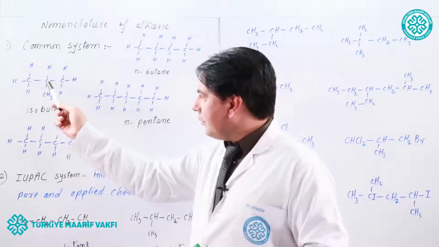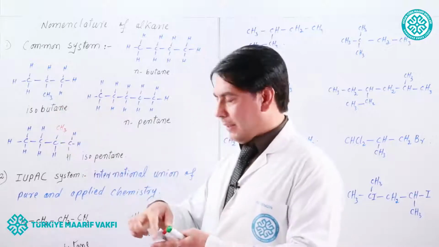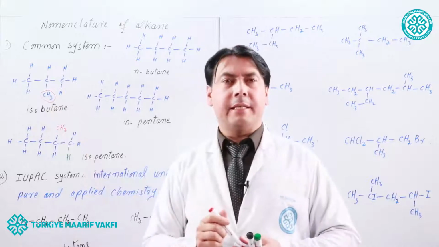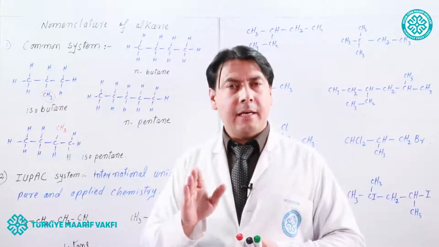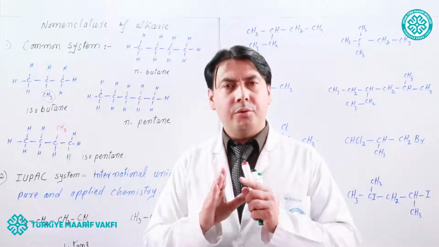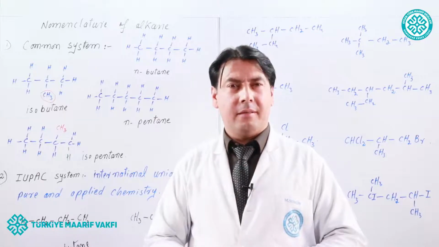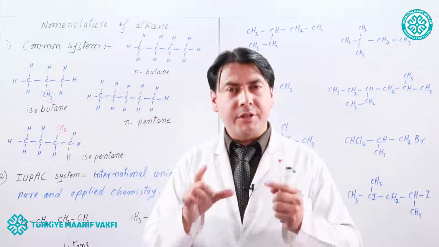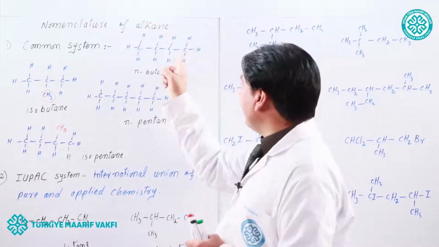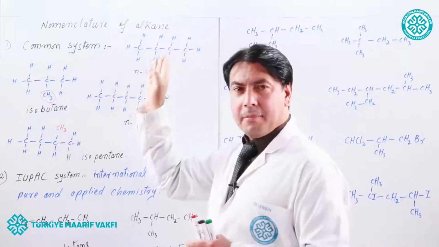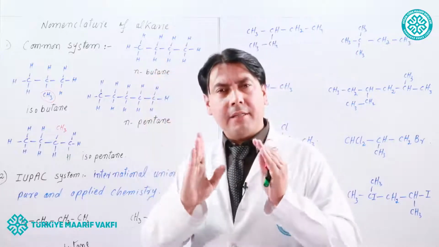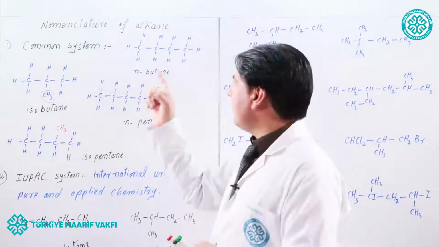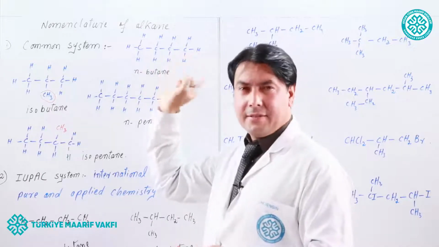Similarly, 1, 2, 3, 4. How many carbons are there? 4 carbons. But look here, if a carbon is attached to more than 2 other carbons, then this compound is called a branched chain compound. If there is no carbon which is attached to more than 2 other carbon atoms, then such a compound is called a straight chain compound.